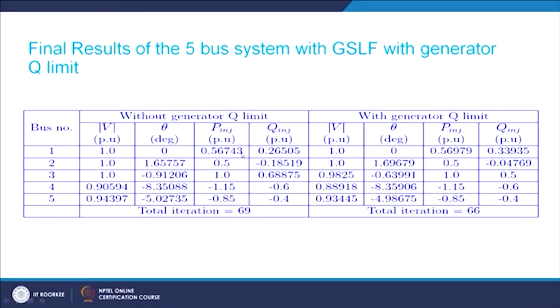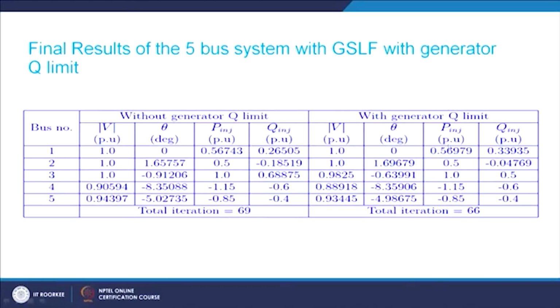In the first case, when there was no generator Q limit, the total generation was 206.743 megawatt, whereas the load is only 200 megawatt. So the total generation is more than the total load, and our loss is 6.743 megawatt.